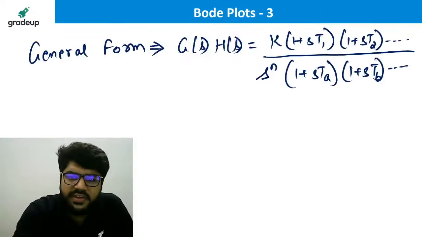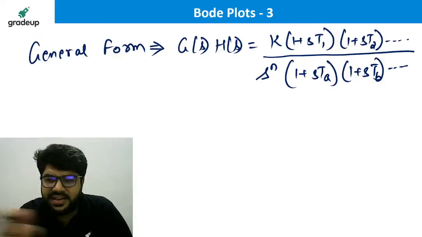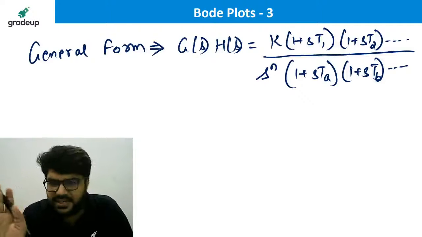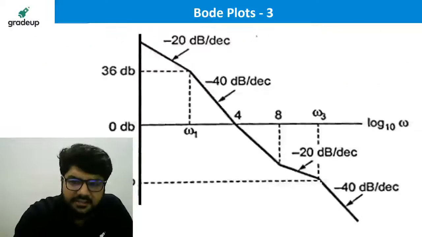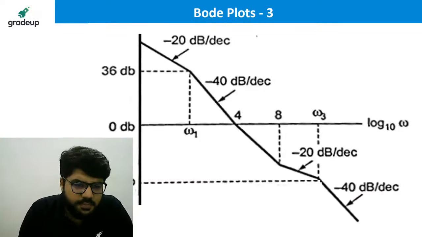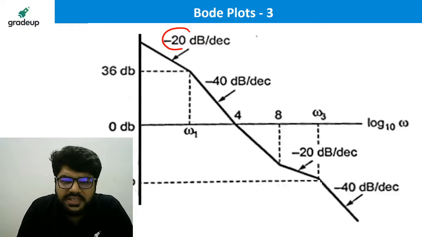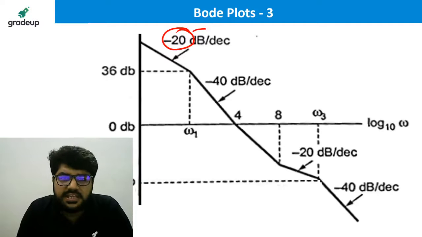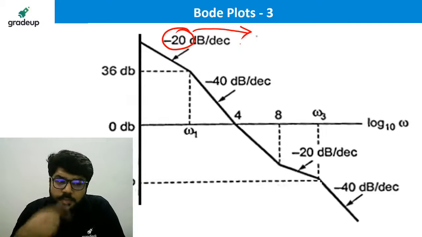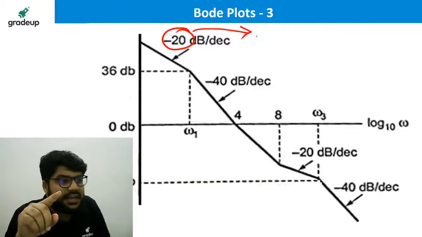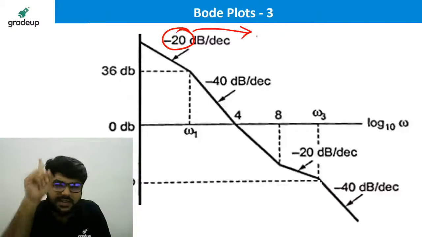Now, what we need to find is K and T1, T2, Ta, Tb, s power n, etc. Step by step, understand. First of all, look into this Bode plot and look into this initial slope. Sometimes the initial slope may be positive. That will mean that there are zeros at origin. I have explained that case also in class number 1.